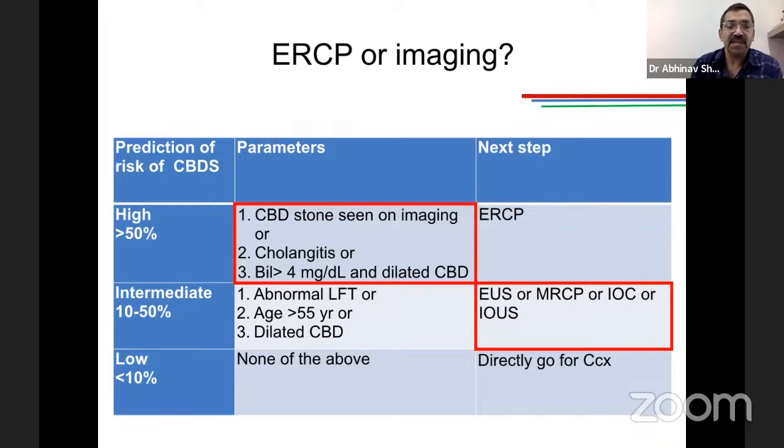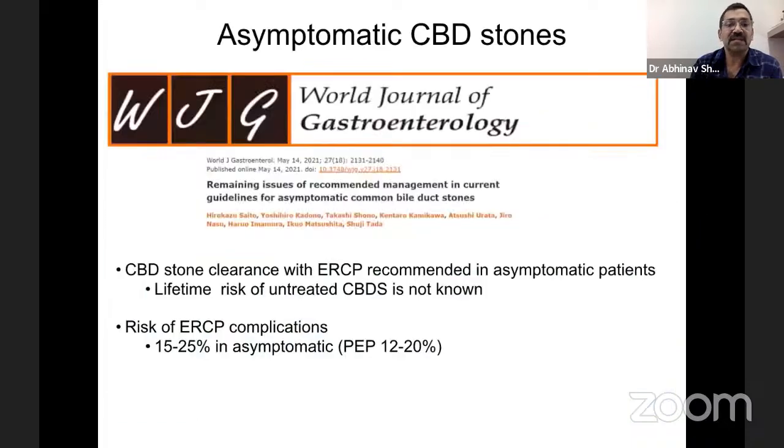In absence of this, if only abnormal LFTs are there, or age is more than 55, or dilated CBD, then we have to first confirm presence of CBD stone with EUS, MRCP, or intraoperative modalities like intraoperative cholangiogram or intraoperative ultrasound. If none of the above, then directly go for cholecystectomy.